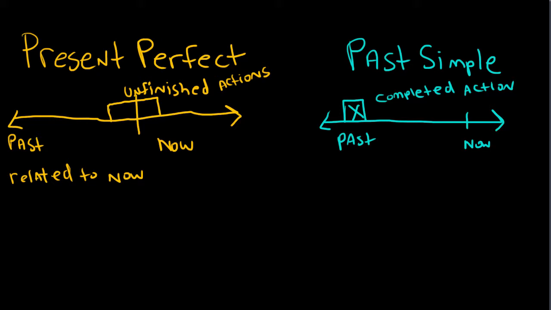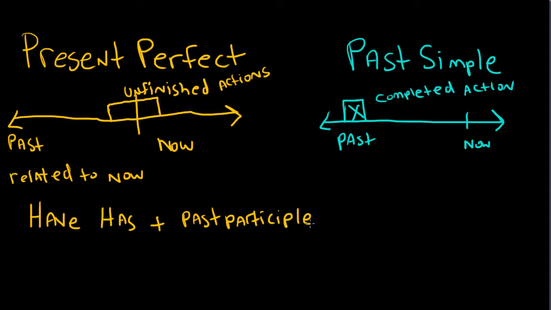Let's look at some examples and how we form the present perfect. We use the present perfect with the auxiliary verb have and has plus the verb in the past participle. Let's look at an example.